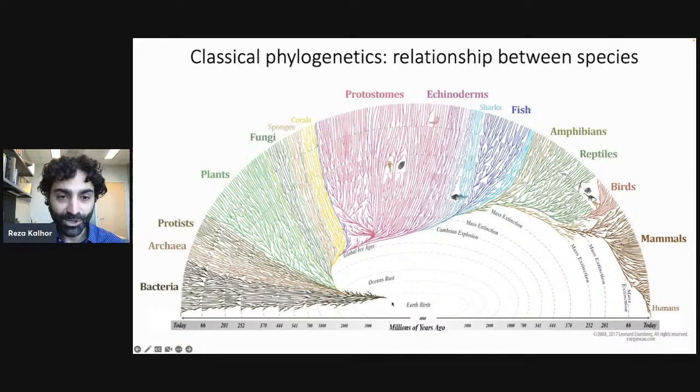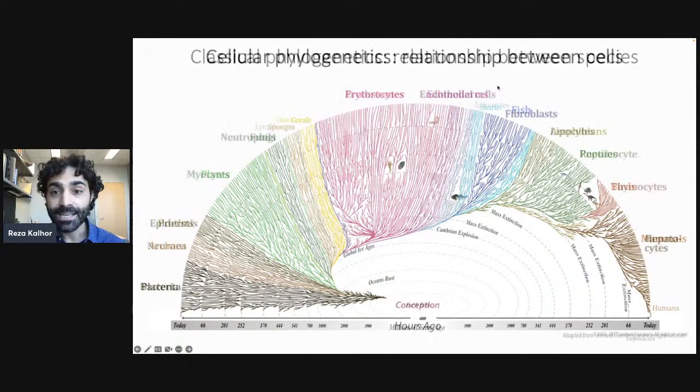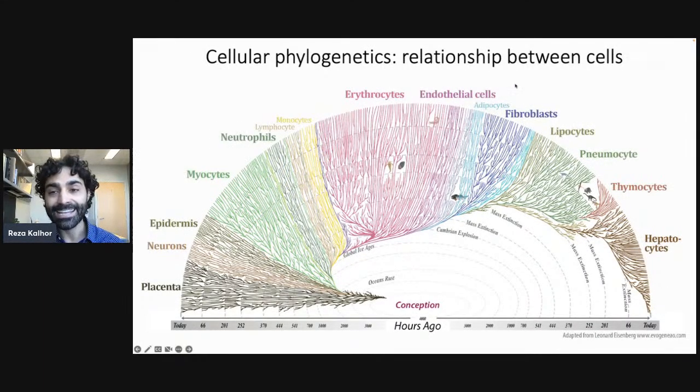As we all know, all life on Earth likely originated from a single common ancestor hundreds of millions of years ago, which then evolved into all these species we have today. And by comparing their DNA sequences, we can decipher their relationship. Cellular phylogenetics is an analogous problem in that it tries to understand the relationship between various cell types that exist in a body.